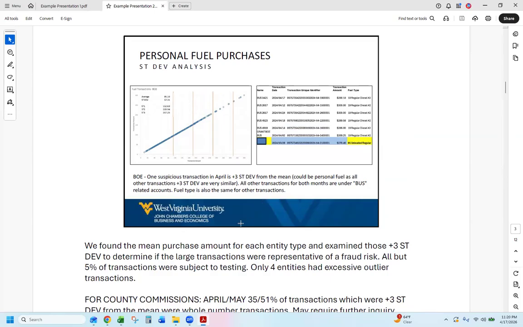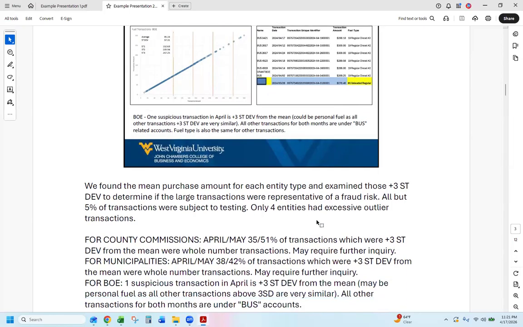In this case, these guys went sort of above and beyond. They graphed all of the fuel transactions, doing standard deviations and all kinds of extra work, and that was good.